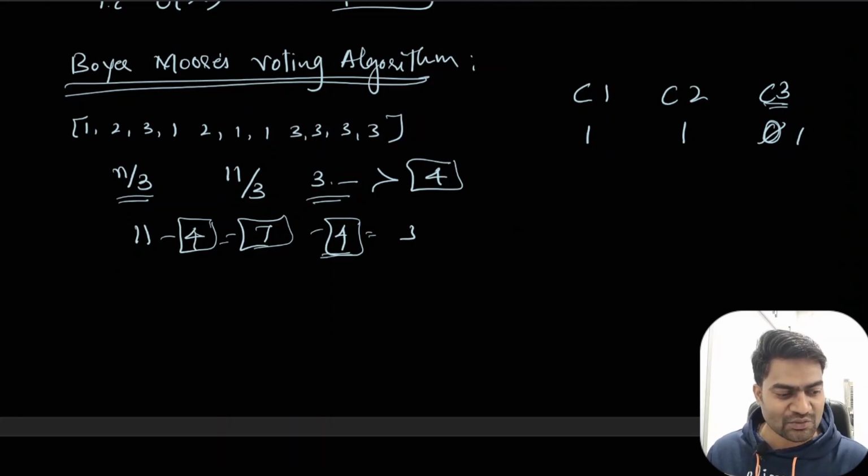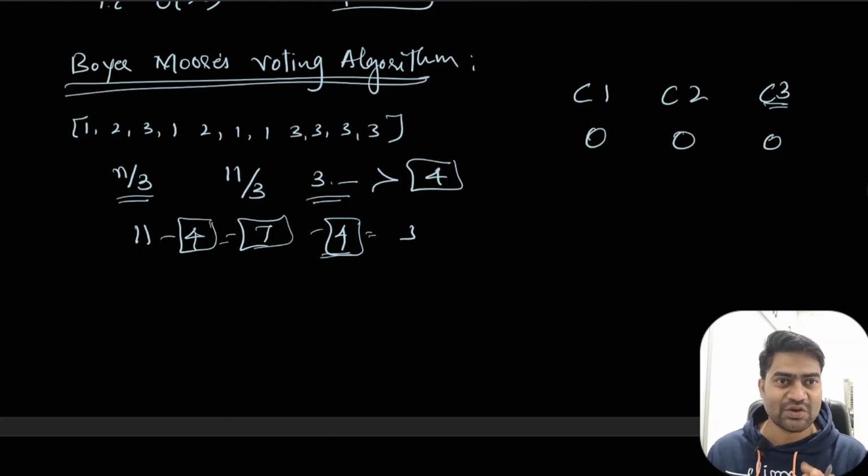So their relative counts will be set back to 0, correct? Because all are in the same situation. We cannot declare anyone as winner. Assume now after this, our C1 gets 1 vote, then he increases and comes to lead. Now assume C3 gets 1 vote.